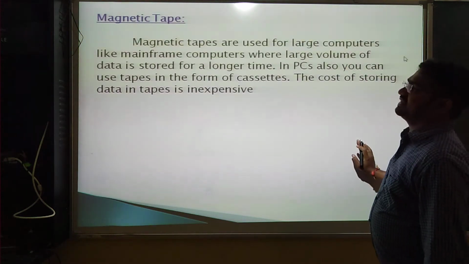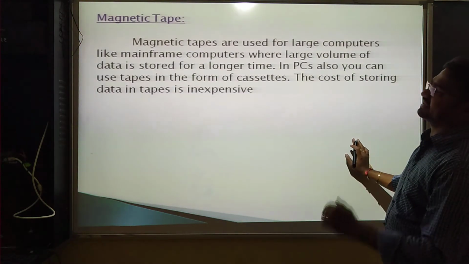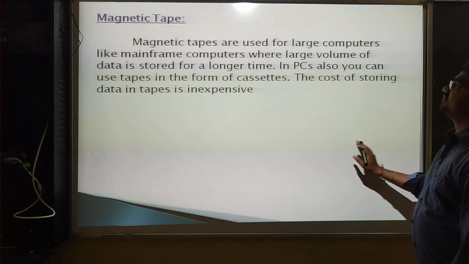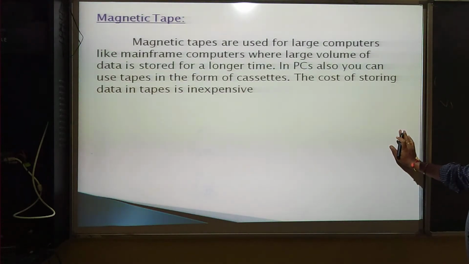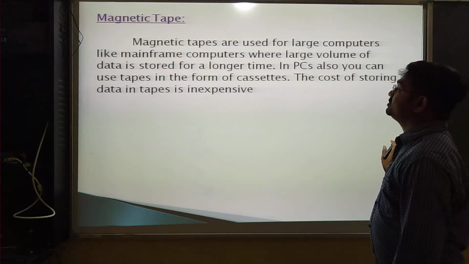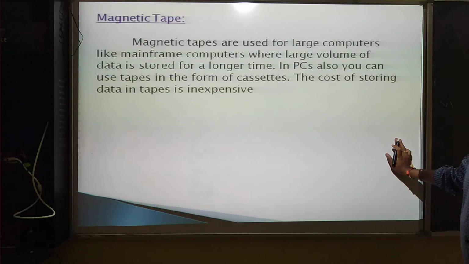Then we will discuss device by device. The first one is the magnetic tape. Magnetic tapes are used in large computers like mainframe computers, where a large volume of data is stored for a longer time.